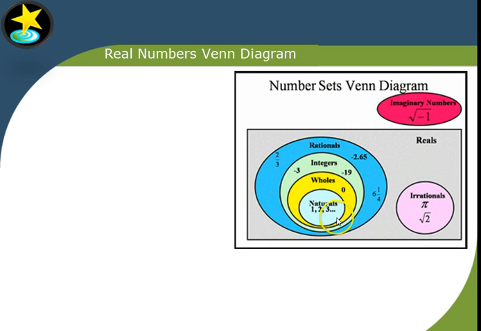If we look at it in the reverse way, any counting number will give you natural numbers. What it is not giving you is 0. If you add 0 to those counting numbers, what you get is whole numbers. And again, if you add negative integers to this, what you get is the set of all integers.